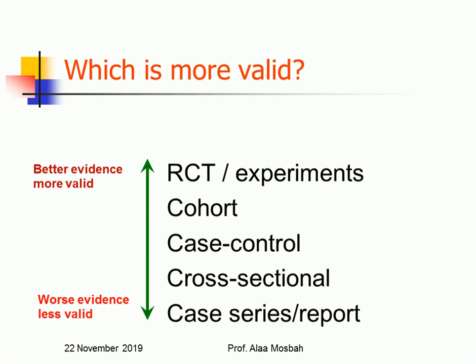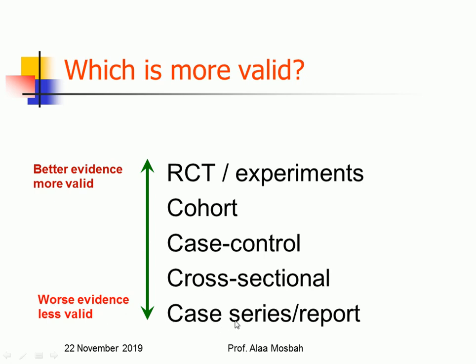Okay, now we know observational study, interventional study, and the meta-analysis. Which is more valid? Look at this arrow. When you go up, this is better evidence and more valid, like the randomized clinical trial. This is the best. The worst is the case series, the weakest, less valid, or worse evidence.